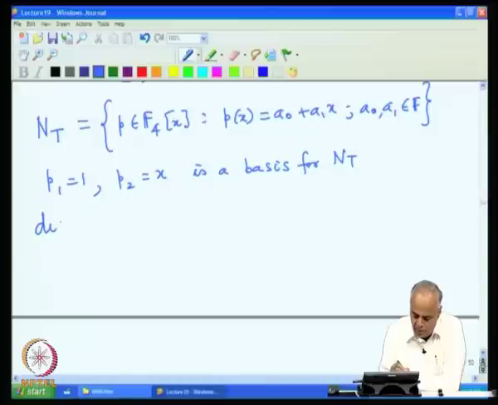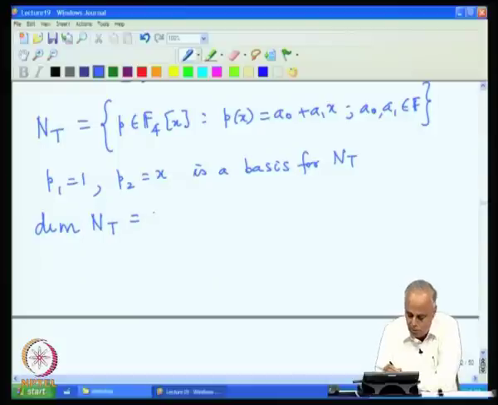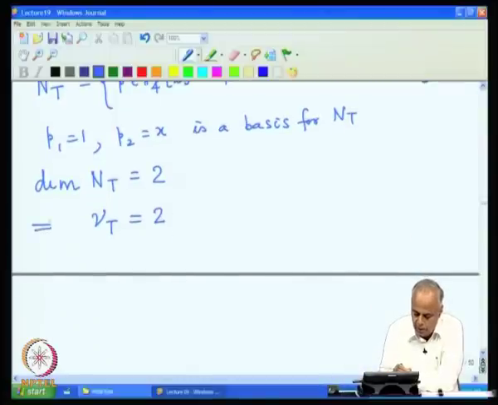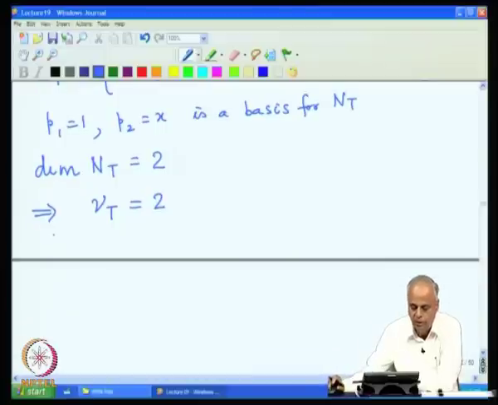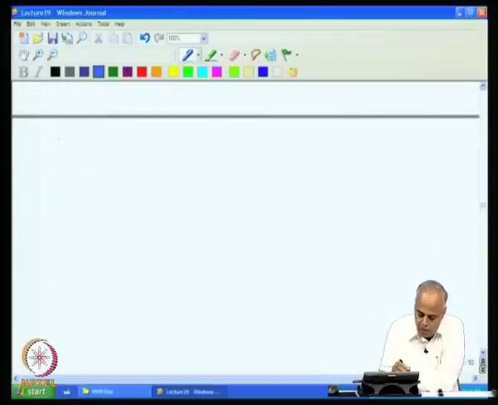So, the dimension of N(T), since a basis consists of 2 vectors, is 2. So, the nullity of T, which is defined to be the dimension of N(T), is 2. Let us now look at the range.